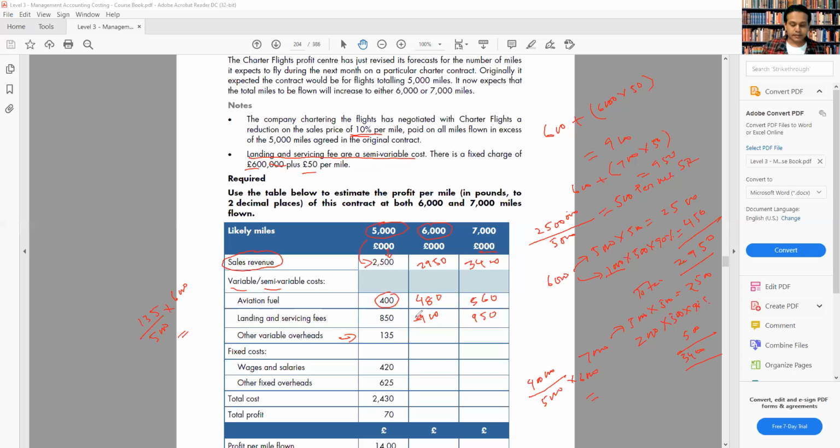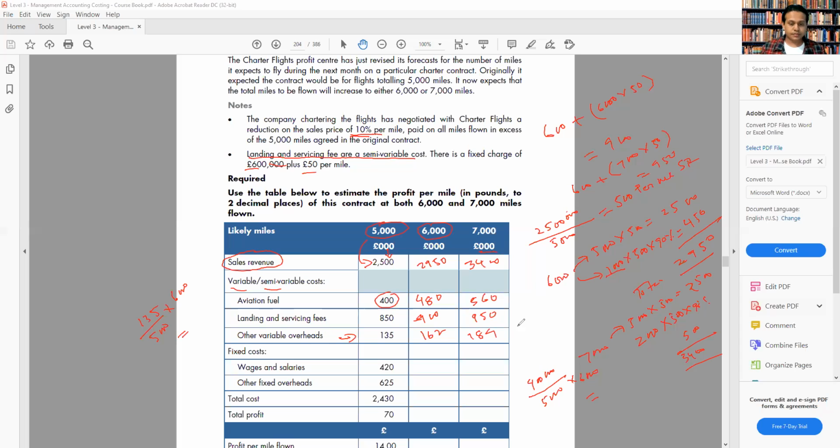So how much will it be? 135 divided by 5,000 times 6,000. That will give you 162. All right. And for the next one, for the 7,000, how much will it be? We do the same way. 135 divided by 5,000 times 7,000. That will give you 189.